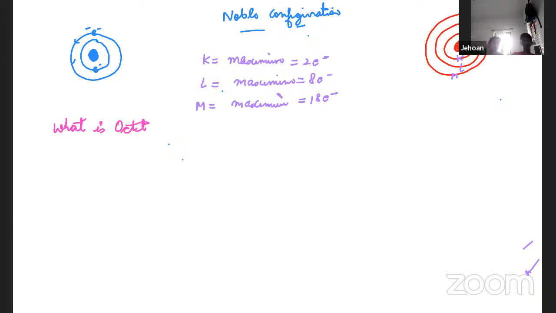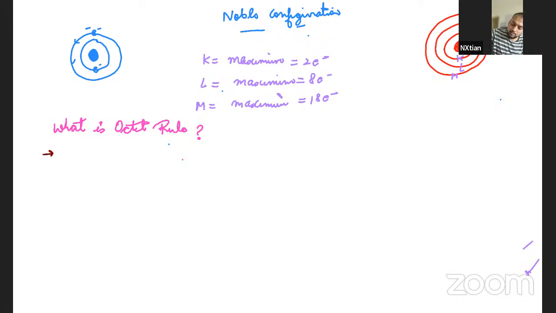Yes, sir. Can you tell me? Octet rule is a rule that for an electron to be stable, it must have 8 electrons in the last shell, the outermost shell. Very good.